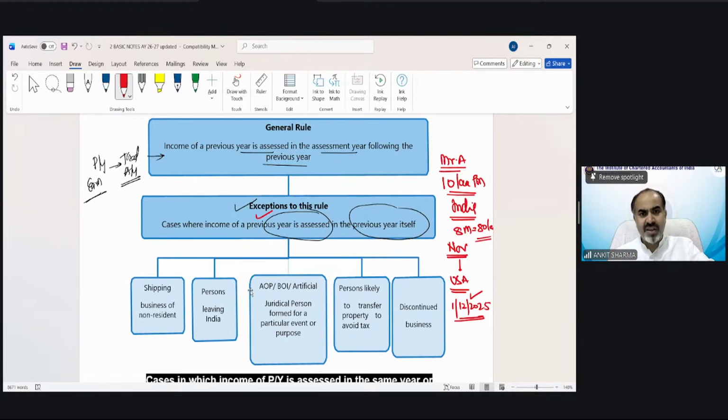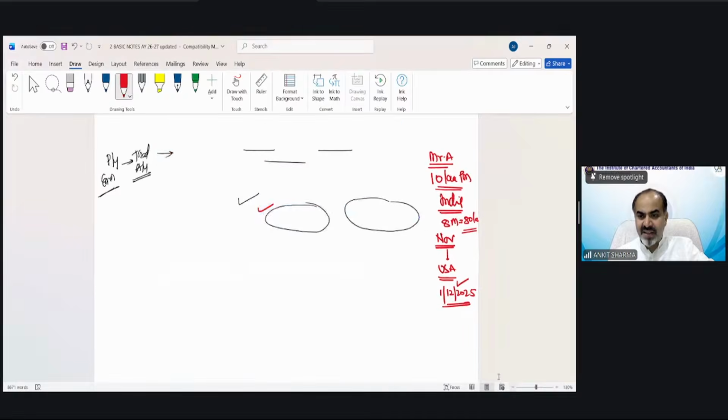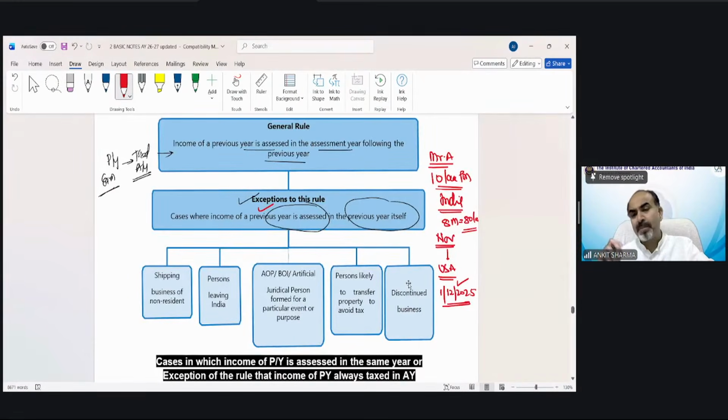Of course, in this case, you can collect tax when he is in India. So you can see that when we say that in certain cases you have to pay tax in the previous year, there is no wrong intention of the income tax department.